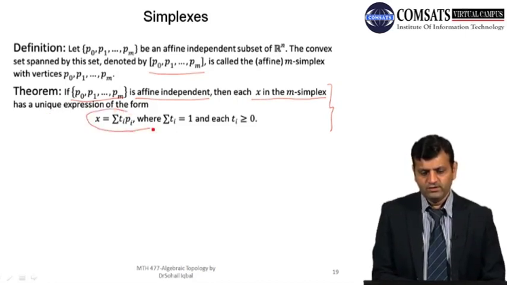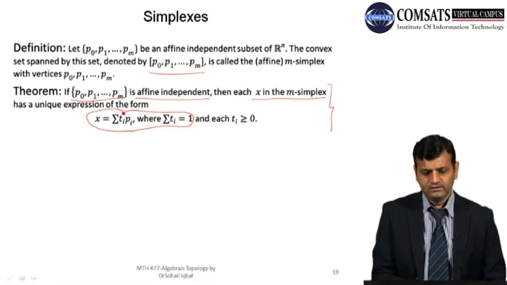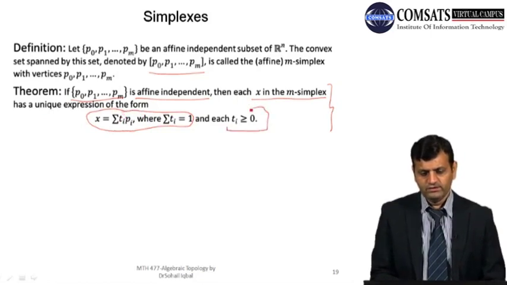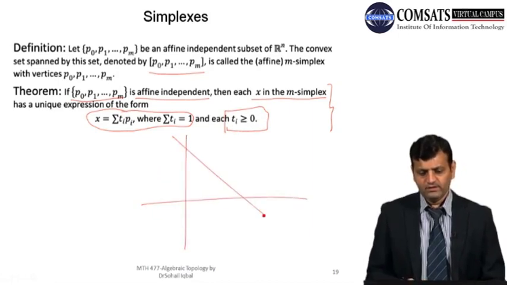This is similar to the affine case, but now we are imposing the condition that each ti is greater than or equal to 0 as well. Once again, we have already seen this example where we took P1 to be (1, 0) and P2 to be (0, 1).